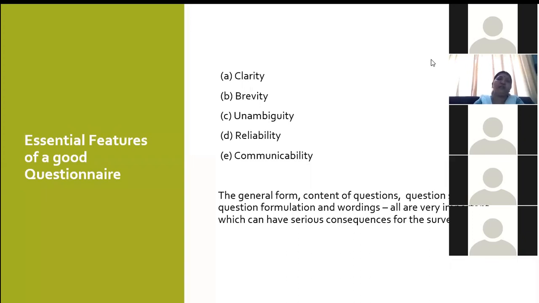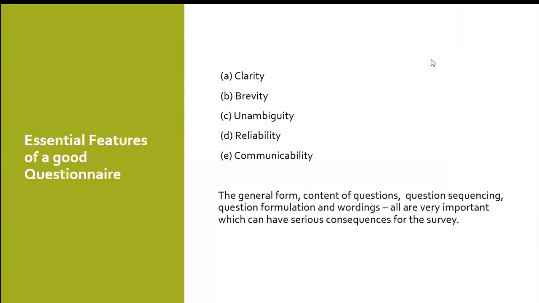So while designing the questionnaire, you have to remember that all the questions must be very clear. It should be as brief as possible. There should not be any ambiguity. It must be very reliable, and the communicability must be very high. So the general form, content of questions, question sequencing, question formulating, and wordings, all are very important. And you must remember that all these have serious consequences for the survey, particularly the results.